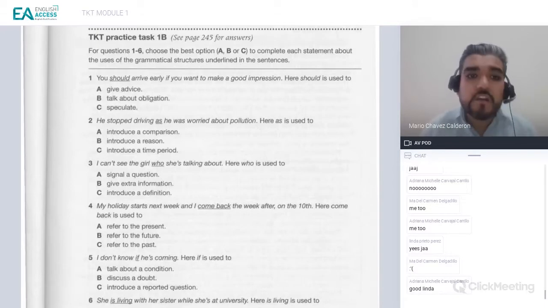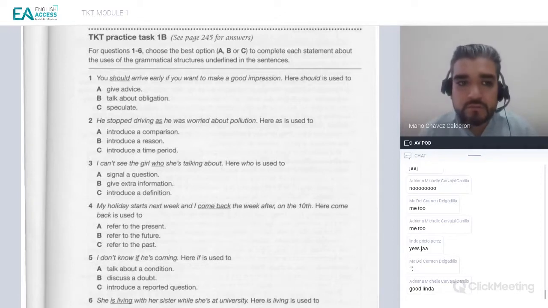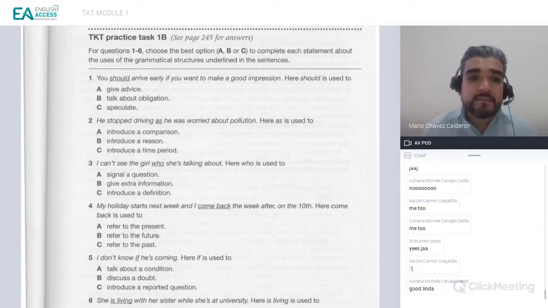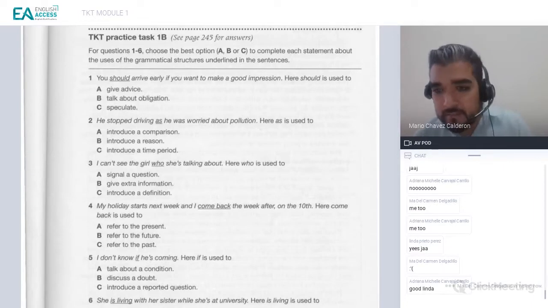For example, "You should arrive early if you want to make a good impression." Here, should is used to give advice, talk about obligation, or speculate. What do you think?